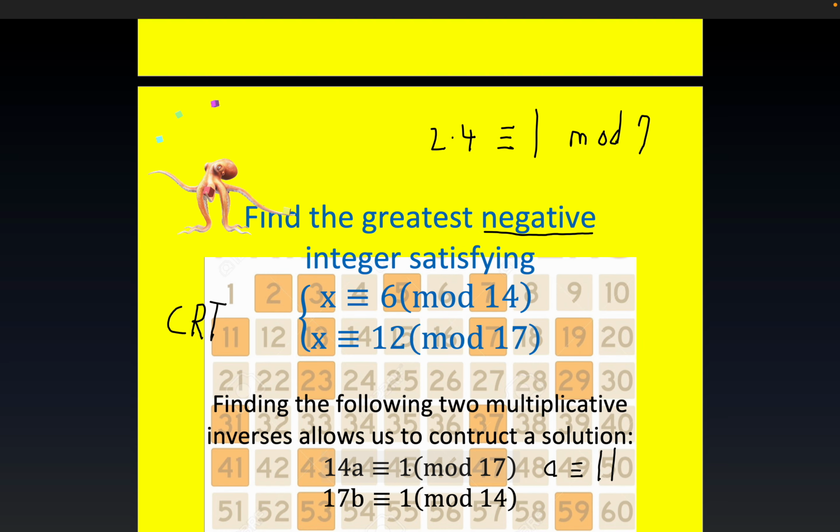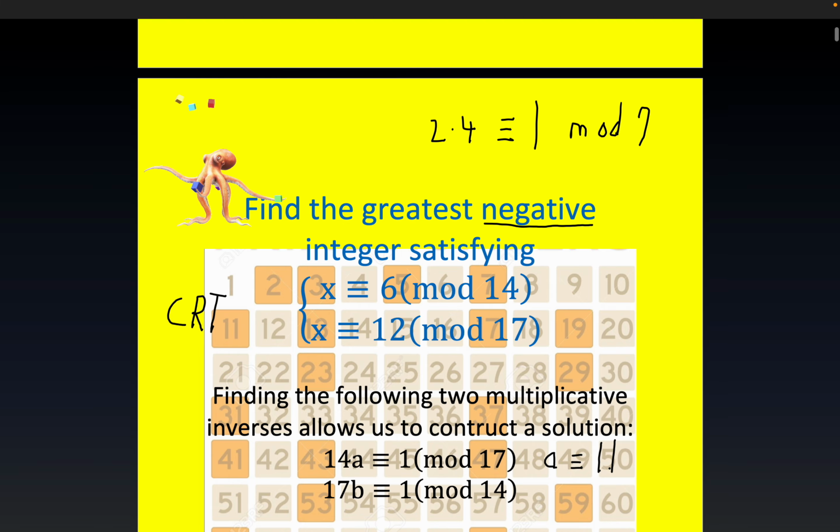The reason why is 11 times 14 is 154. 154 minus 1 is 153, and that's 9 times 17. 9 times 17 is 153. So that's why A equal to 11 is the multiplicative inverse.